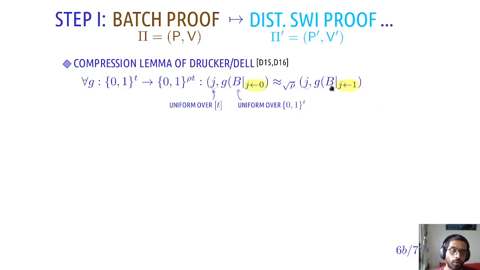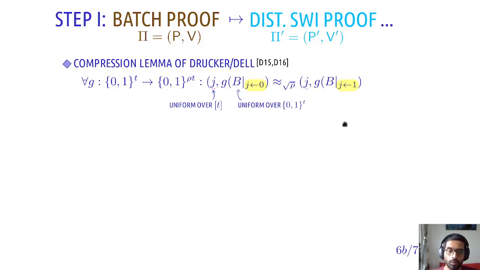On the right, the distribution is the dual. There you sample a random input B and set the jth position to 1, for a random j position. And this says that the distribution of J and the output of G, where the jth bit is fixed to 0, is indistinguishable from J and the output of G, where the jth bit is fixed to 1.